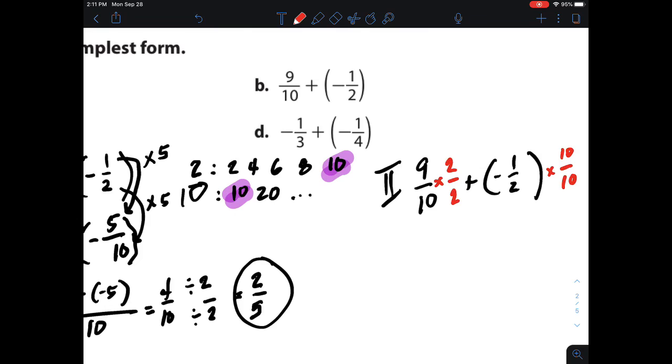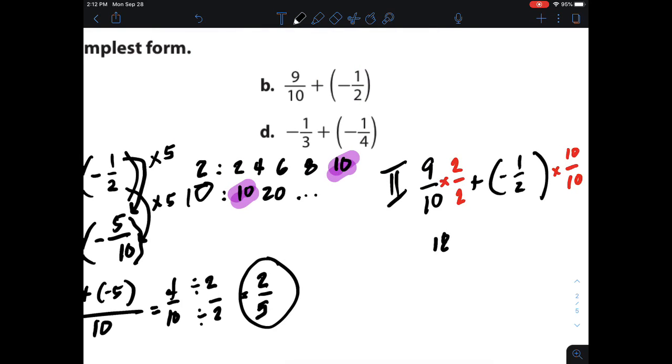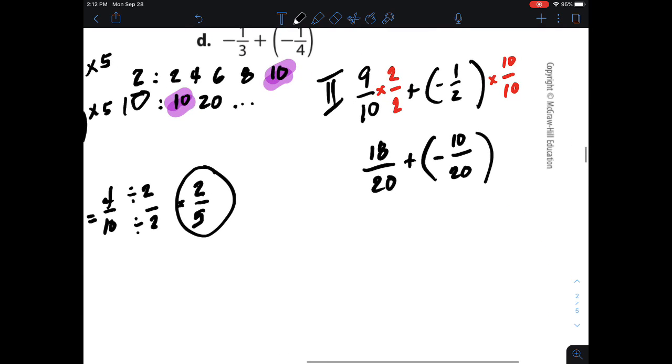If I do that, this becomes 9 times 2 is 18, 10 times 2 is 20. Plus negative, again, 1 times 10 is 10, so I keep the negative sign. 2 times 10 is 20. So if you notice, they now have a common denominator, and with that I can add them.